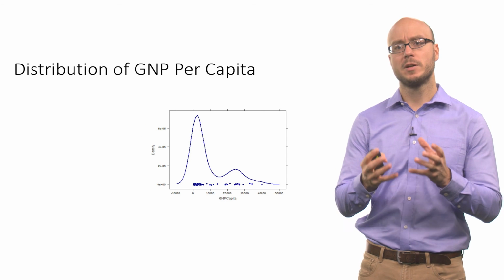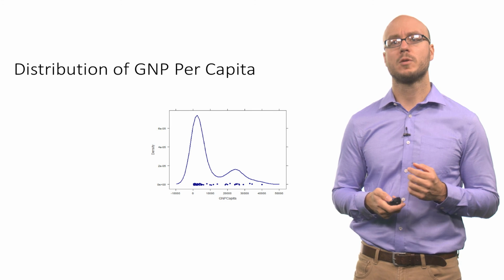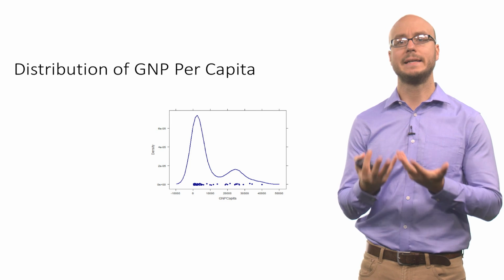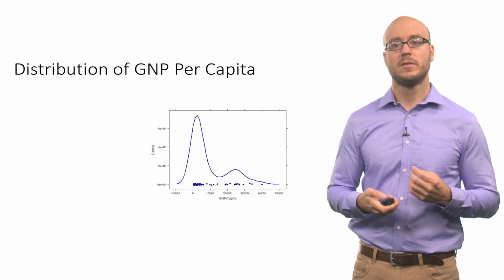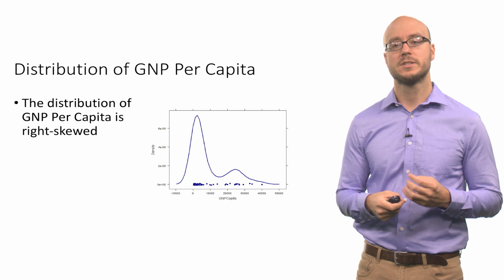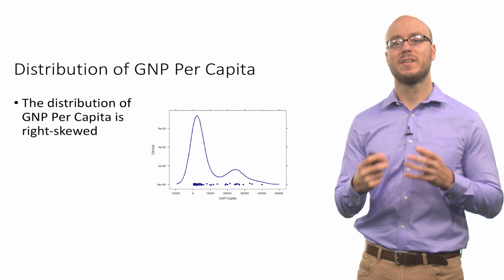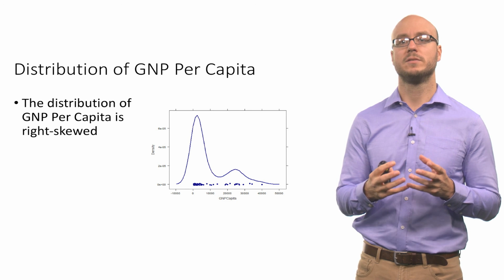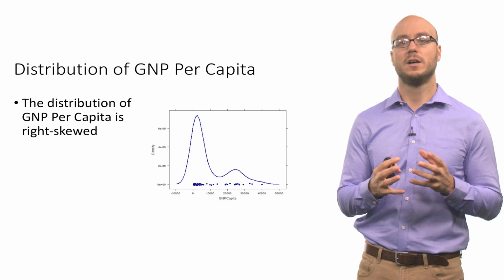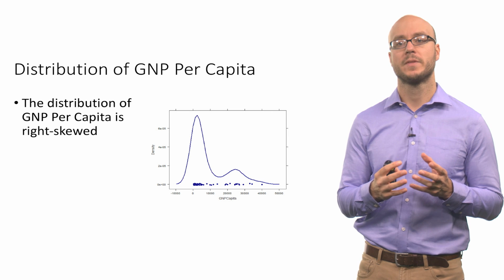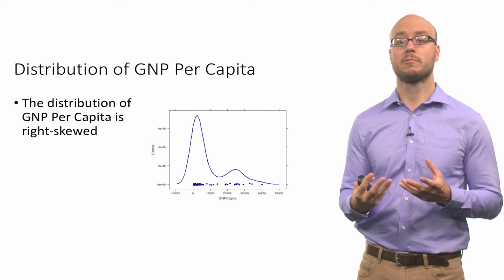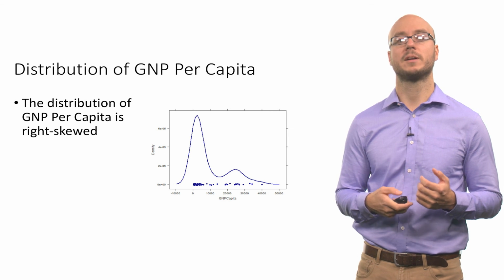But in our data set, we also have the variable of gross national product per capita. This gives you an idea of the total level of economic development for these different countries. For this variable, the distribution is right skewed, meaning we have a lot of observations that have a relatively low level of gross national product per capita. But then some countries are really quite rich in terms of overall economic development.